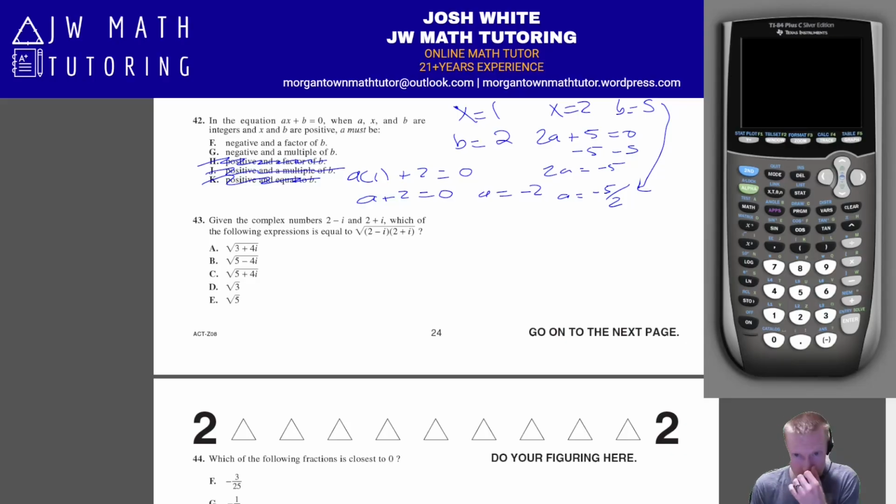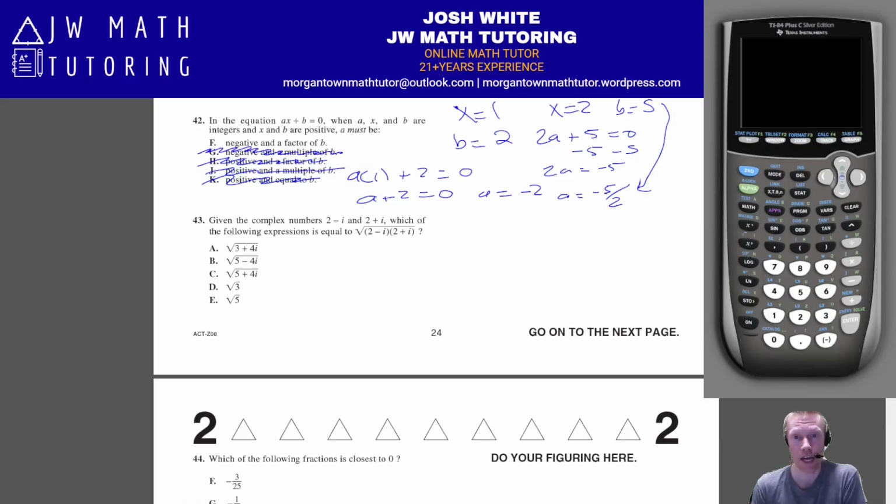So typically when we talk about expressions being multiples, or numbers being a multiple of another number, we're only talking about taking the original number and multiplying it by whole numbers. So negative 5 halves is not a multiple of b because there's no integer we can multiply positive 5 by to make negative 5 halves.